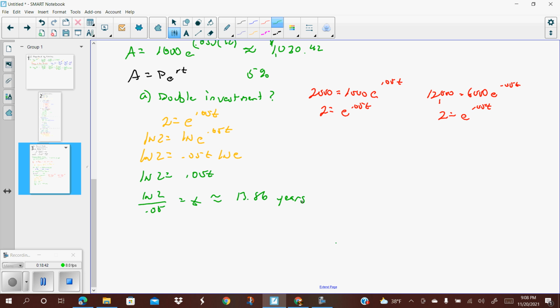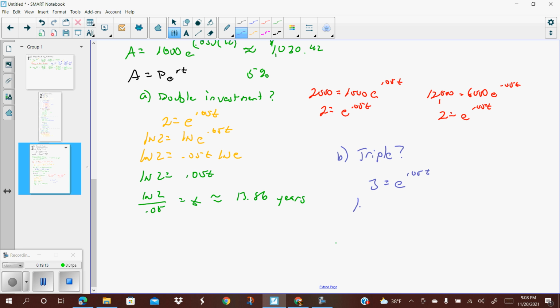So it will take a little bit under 14 years for me to double my investment with a 5% interest rate. If I want to triple my investment, you may have already guessed it. Instead of a 2 on the left-hand side, I'm going to have a 3. So part B, we'll say triple the investment. So we'll have 3 equals e to the 0.05t.